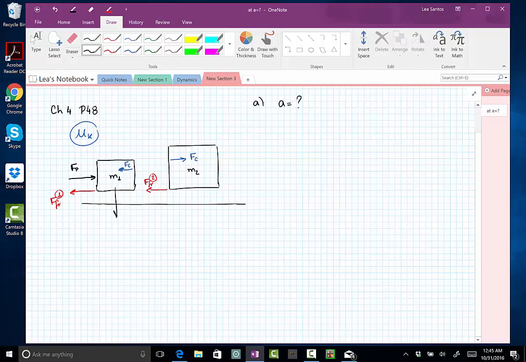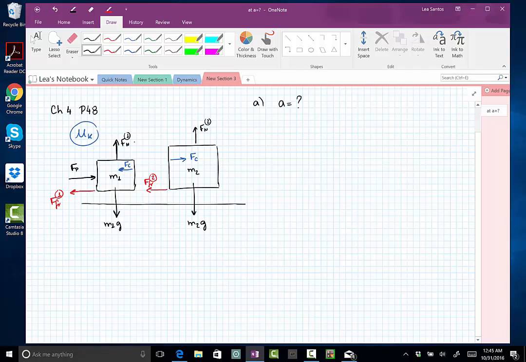So I have here M1g, and for this one I have M2g. We are touching the surface, so there is contact. Normal force is always perpendicular to the surface. So here I have the normal force of box 1, and here I have the normal force of box 2. It's important to put these indexes to differentiate the two boxes.